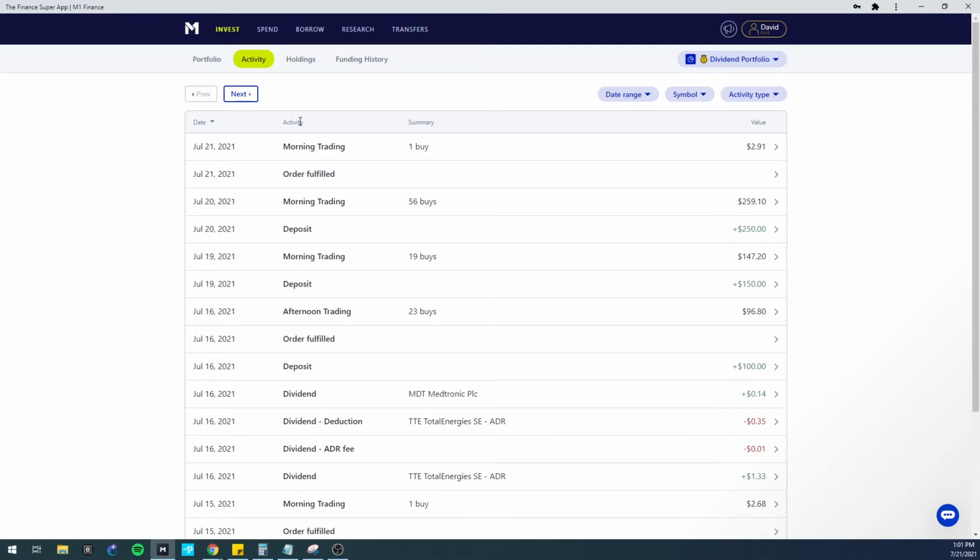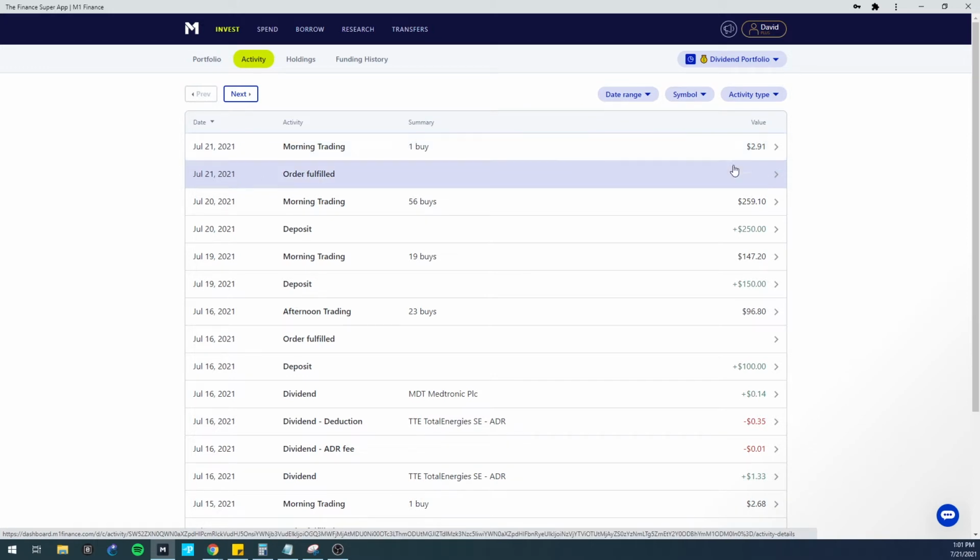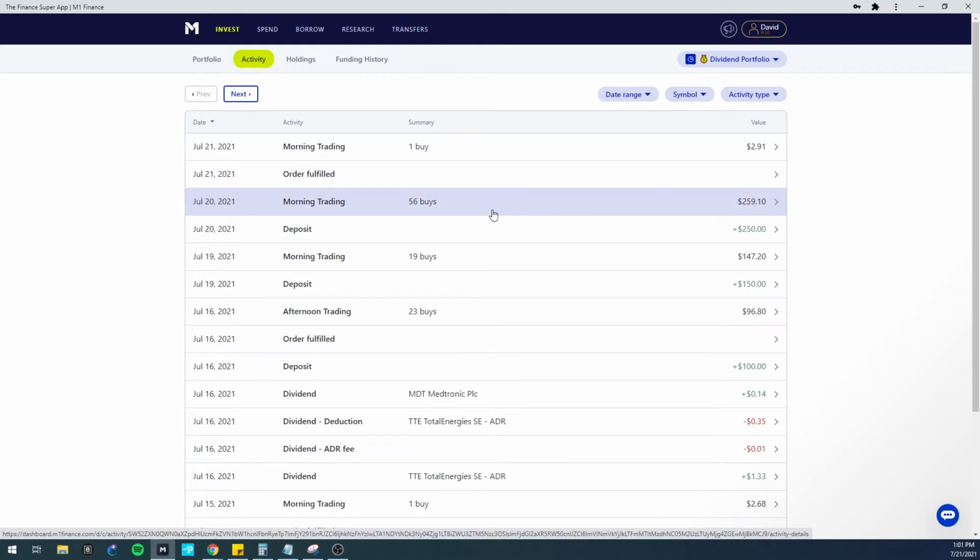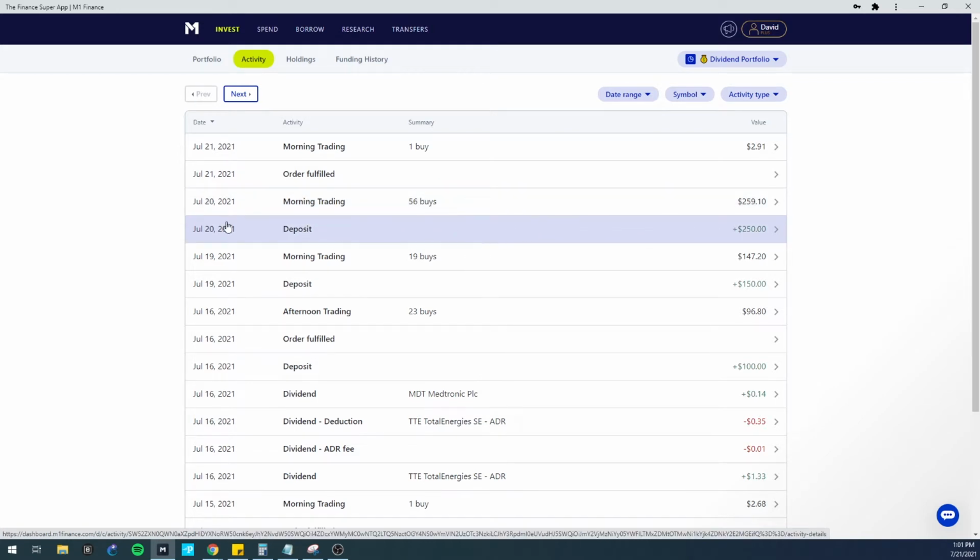But let's go ahead and take a look at 1 year later in July. So we can see, actually this morning, I had a buy order of $2.91, and that was because July 20th was a very red day on the market.